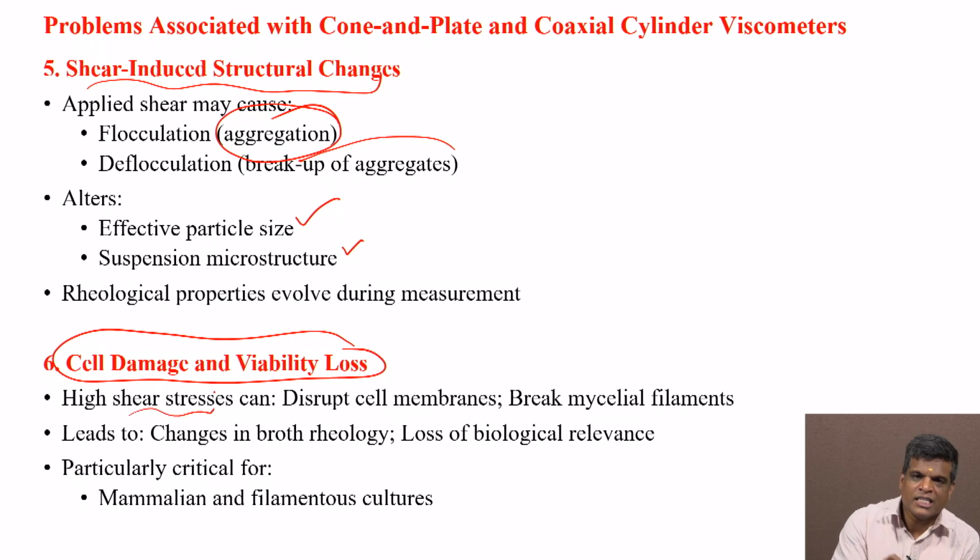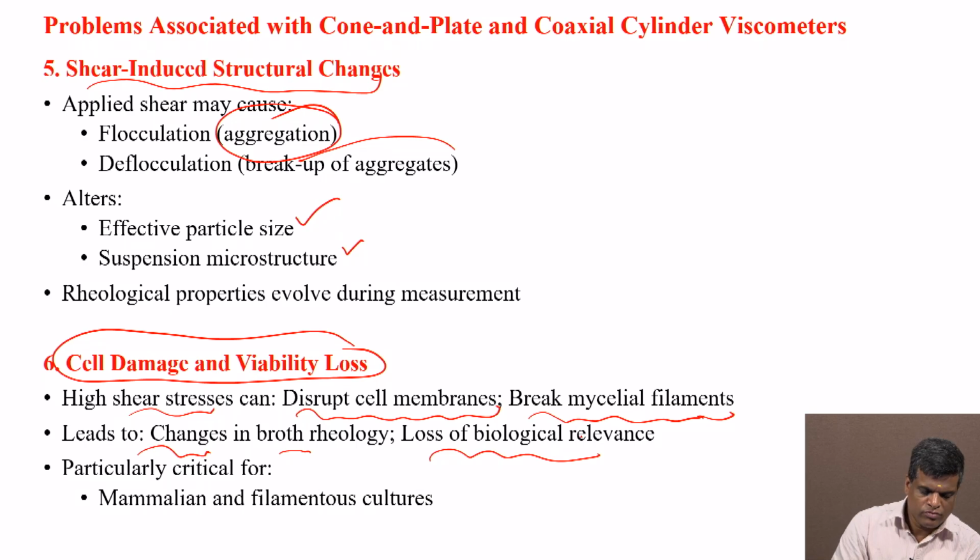If shear stress is high, it disturbs the cell membranes and sometimes breaks the mycelial filaments. It leads to a change in the broth rheology and sometimes the loss of biological relevance also. This is very critical especially for mammalian and filamentous cultures.